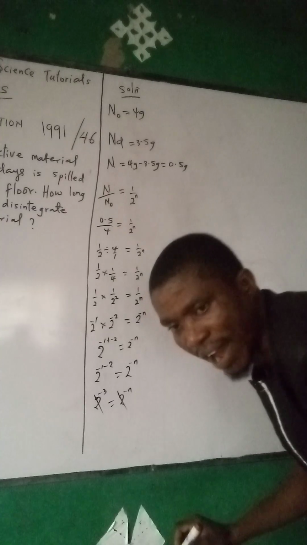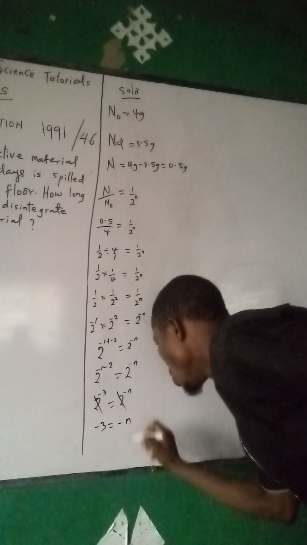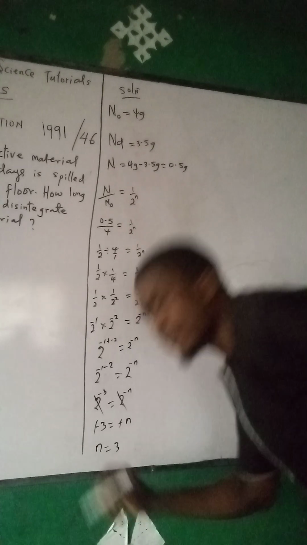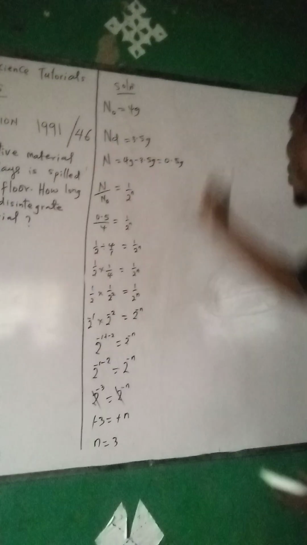So 2 power minus 3 equals 2 power minus n. I cancel out: minus 3 equal to minus n. Let me cancel the minus so that my small n equals 3. So the number of half-lives is 3.